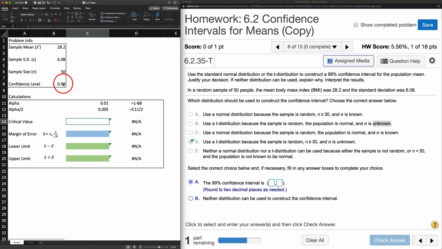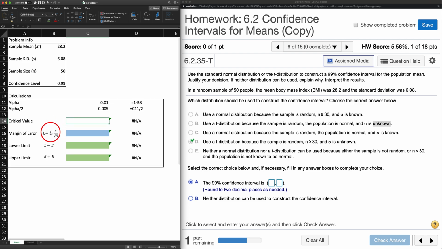And that'll let us find the critical value. We need the critical value to find the margin of error. The margin of error is going to be the t critical value times the standard deviation divided by the square root of n. So for the critical value, 0.005 is how much is in each tail.